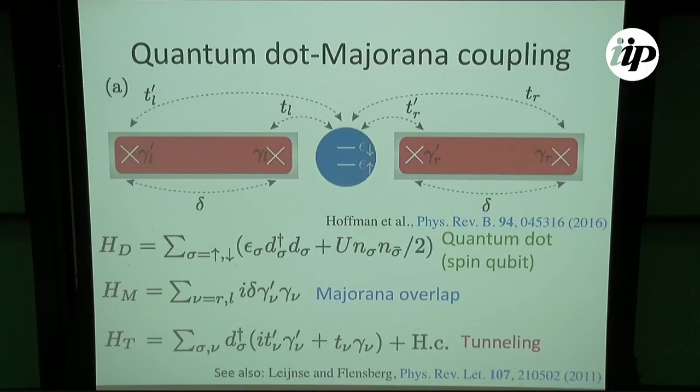There can possibly be some overlap of the Majorana fermions in each individual topological superconductor. And the quantum dot is defined by two, in principle, non-degenerate energy levels and an on-site interaction given by this. And then additionally, there is a tunnel coupling between your Majorana fermions and the states on your quantum dot.